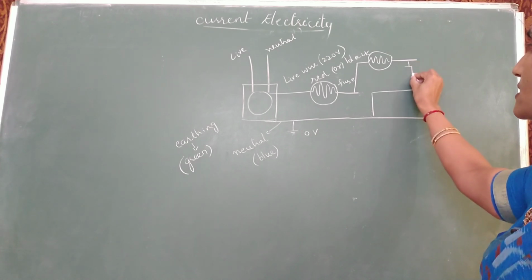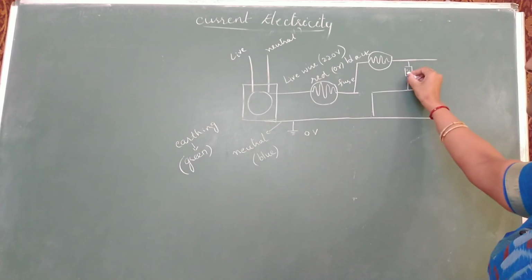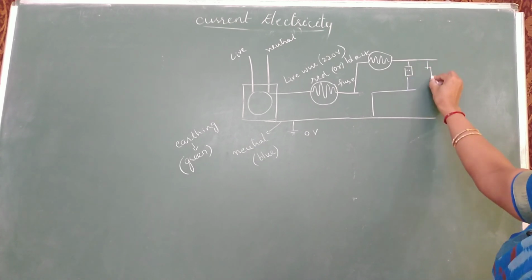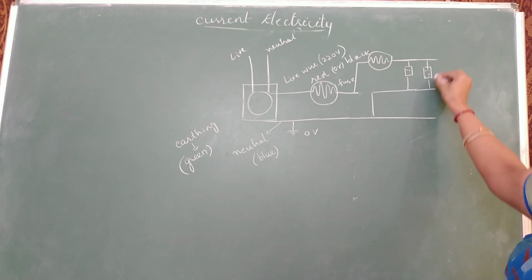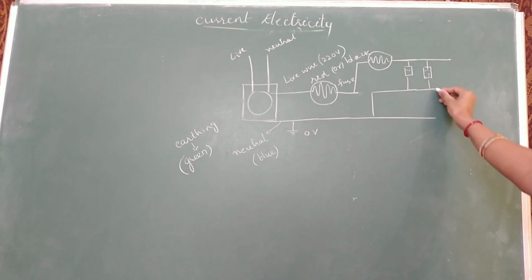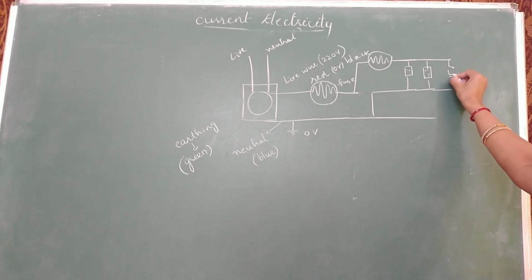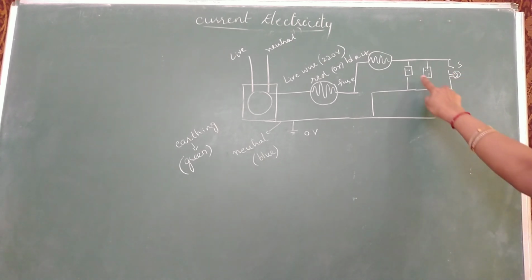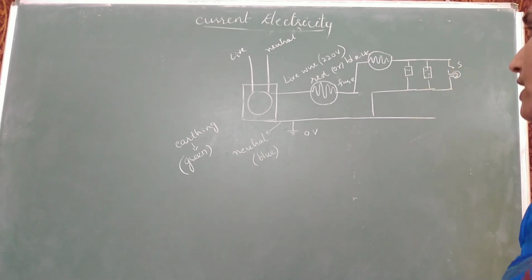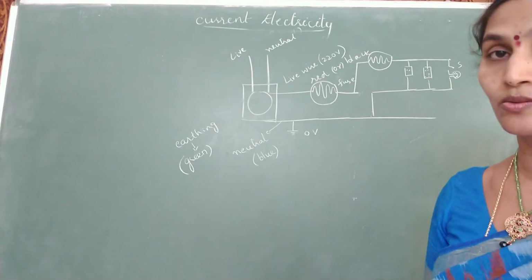And these are the sockets, to connect various appliances. Now I will show one bulb also connected, for example a switch and a bulb. These sockets you can connect to different appliances like mixers, grinders, toasters, refrigerators and so on.